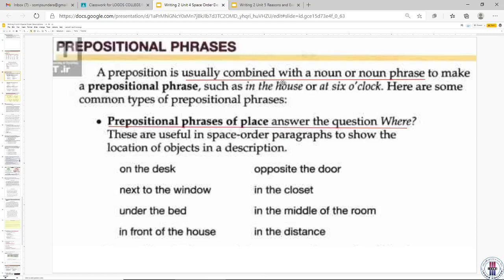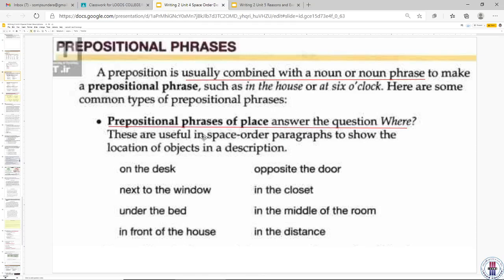You put all 3 together, you combine a noun or a noun phrase with the preposition. This becomes a prepositional phrase, right? Such as at 6 o'clock. Right, 6 o'clock is a noun, it's an idea, a time. Then at with the noun, it becomes a prepositional phrase because at is a preposition.